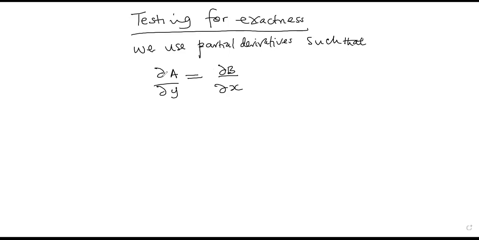This is not d, it is the curly ∂, which we call a partial derivative. You have to write it as a bent d. So ∂A/∂y should be equal to ∂B/∂x. If they are not equal, then we shall not say that they are exact.